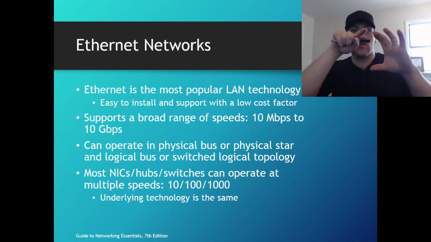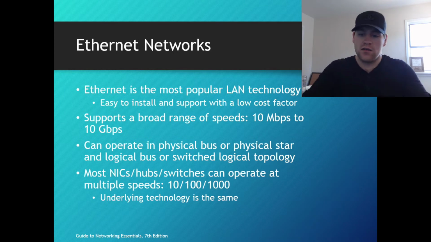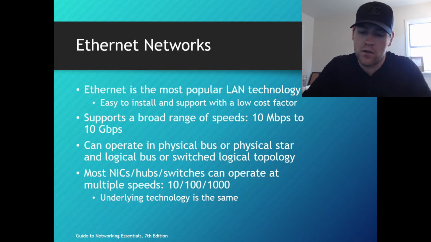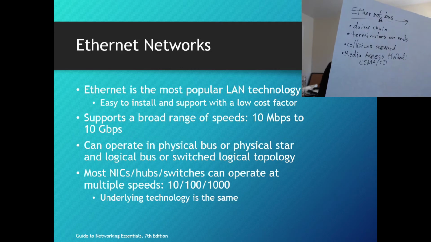A physical ring would loop the chain back, and then it would only allow one device to transmit at a time, rather than using the media access method of CSMA/CD, which is what an Ethernet bus would use.